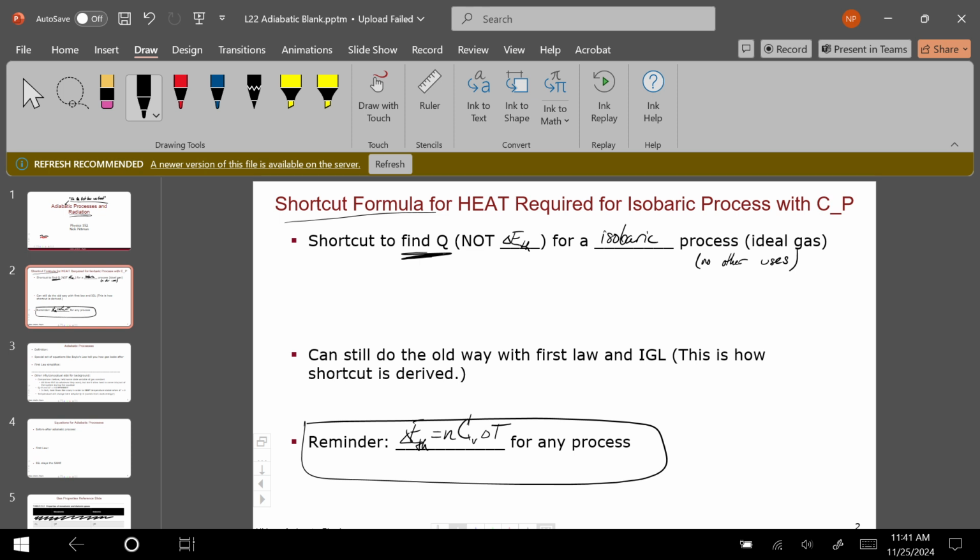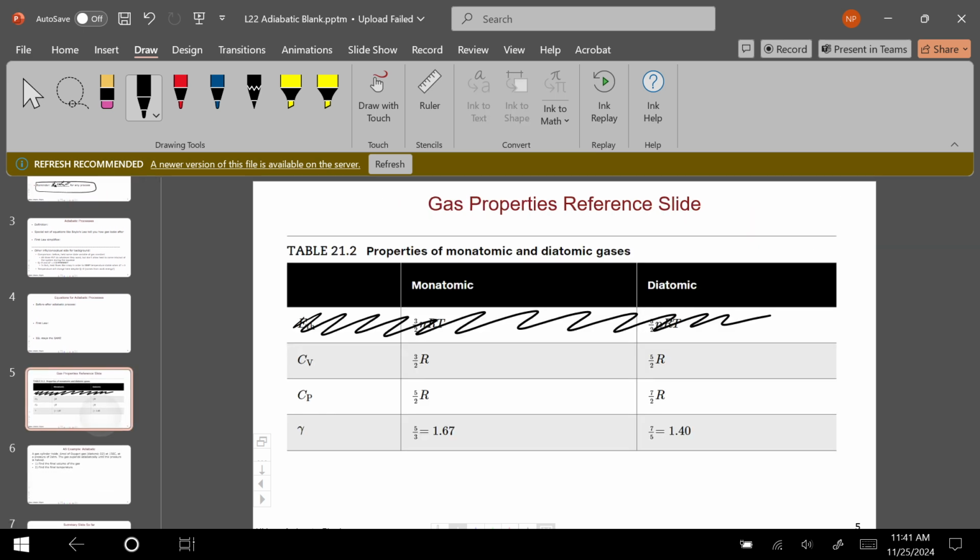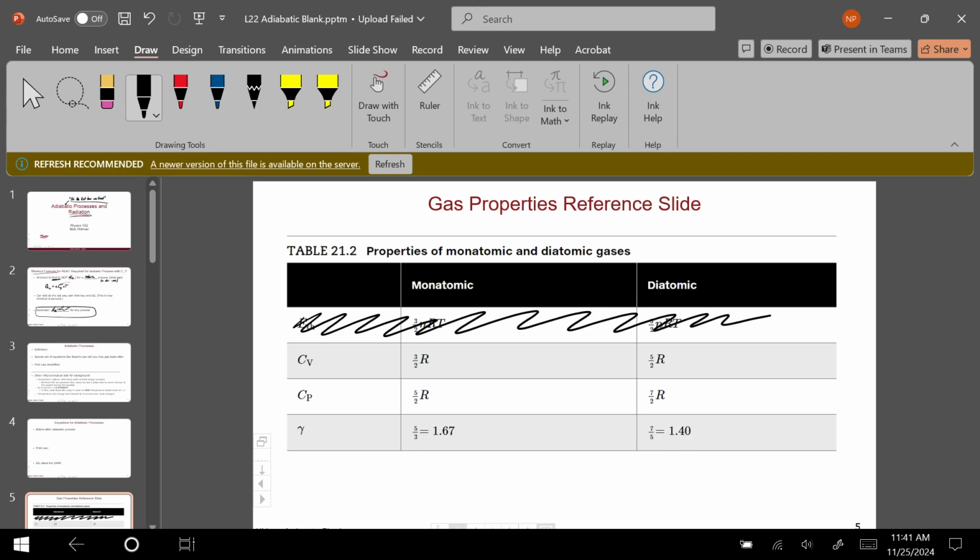Okay, so the equation is that the heat required during an isobaric process is N Cp delta T, and Cp has universal values. I just want to double check real quick that I have them right. Yeah, okay.